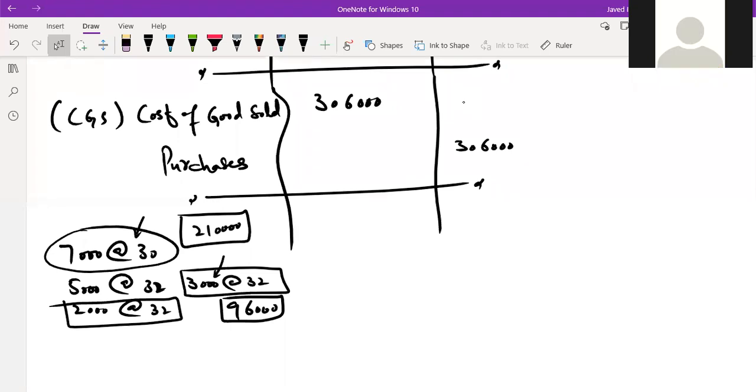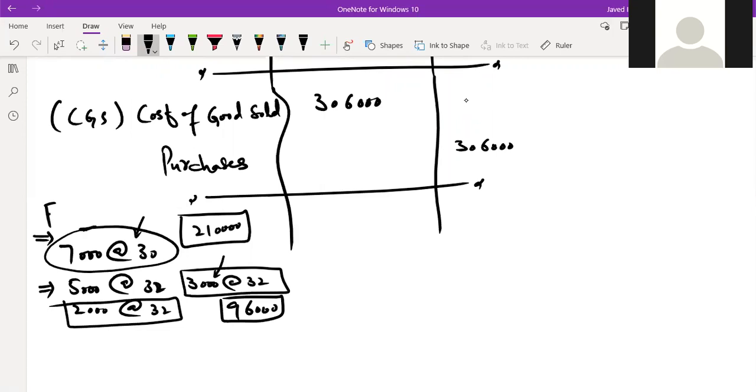Okay, so we had two types of inventory here. We had two purchases. First, we purchased 7,000, which costed 30 each. Then we purchased 5,000, which costed 32 each. So we are using a method which says that when you receive goods first, they must be sold first.